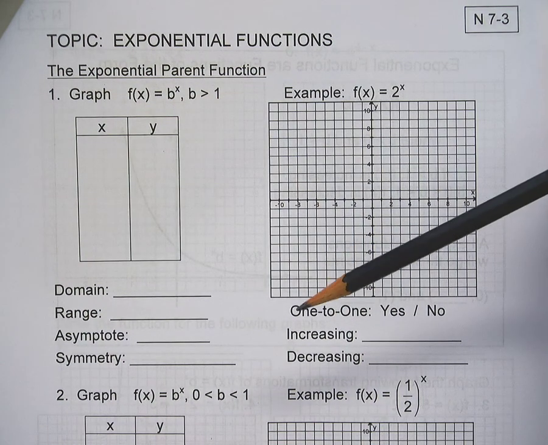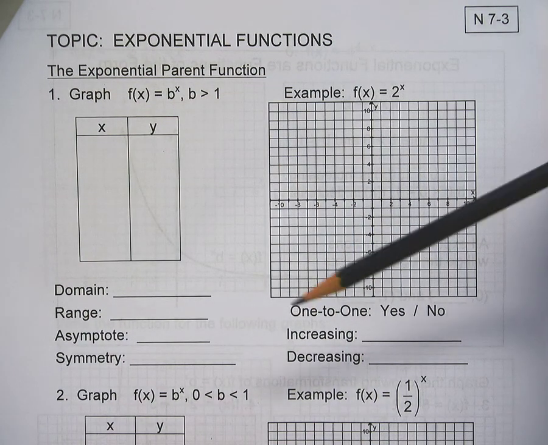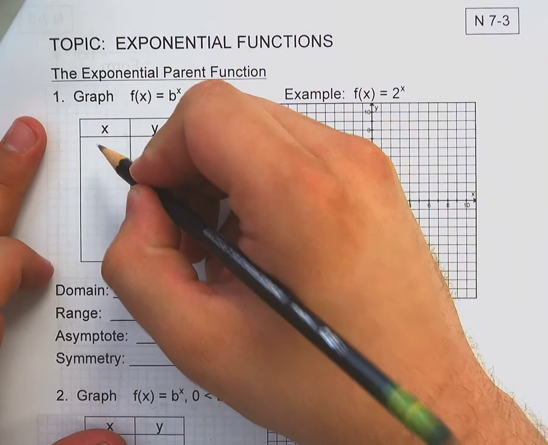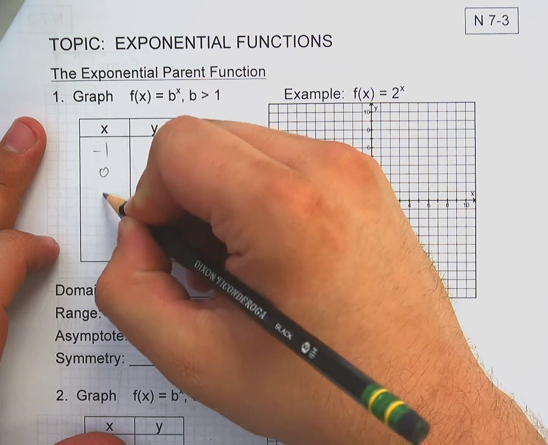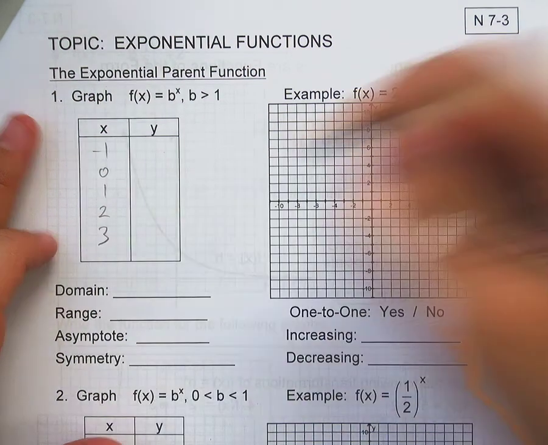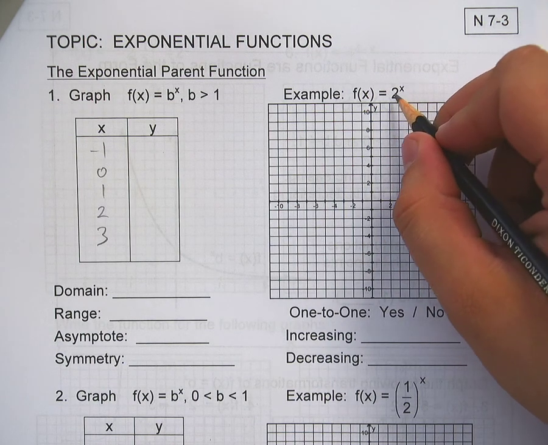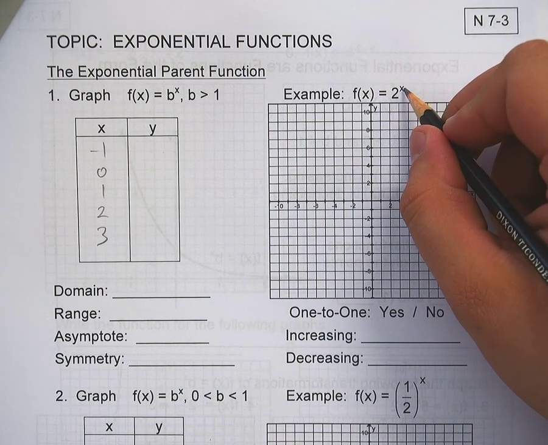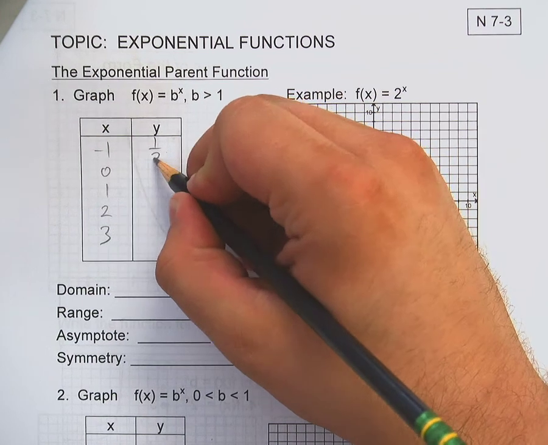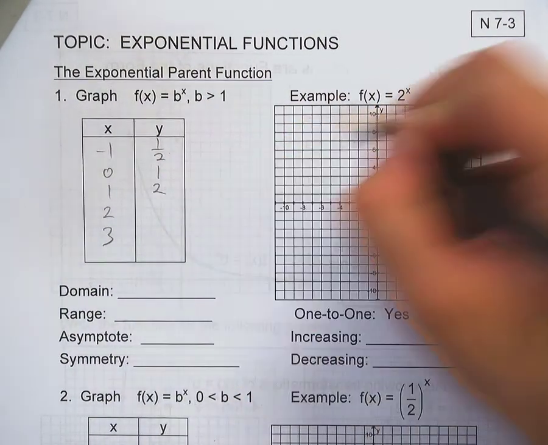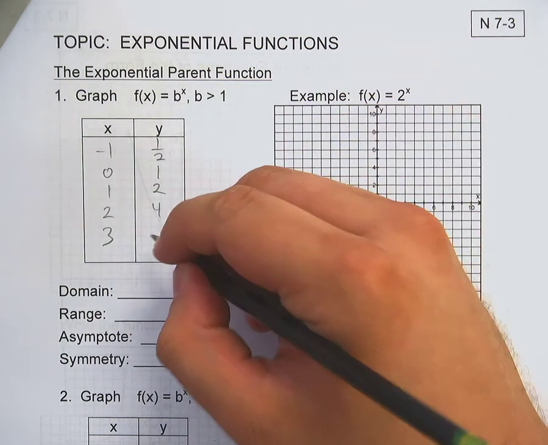is greater than 1. To get an idea of what's happening here, let's plug in some values, like -1, 0, 1, 2, 3. And I'm going to use the example over on this graph, 2 to the x. Well, what's 2 to the -1? Well, it's 1/2, right? We know that from yesterday. 2 to the 0 is 1, 2 to the 1 is 2, 2 to the 2 is 4, 2 to the 3 is 8.